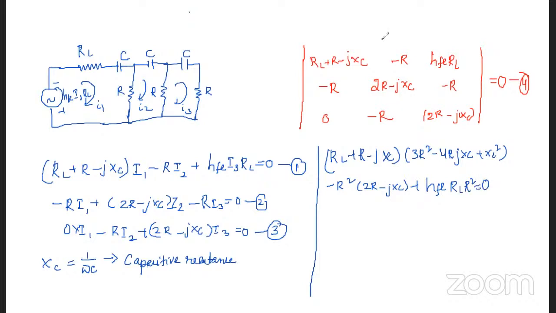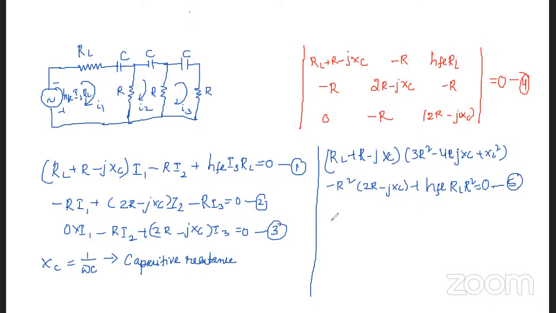Using the determinant of the matrix, we take RL into this minus this, then minus R into this into this minus this, and third, hfe into RL into this minus this. This is the final equation, so take it as equation 5.